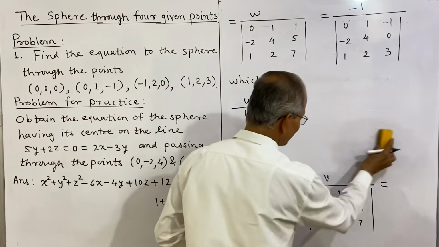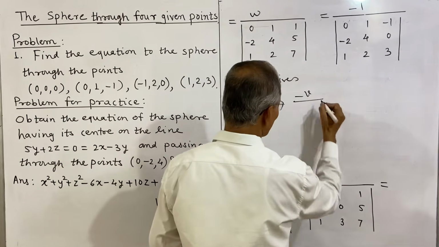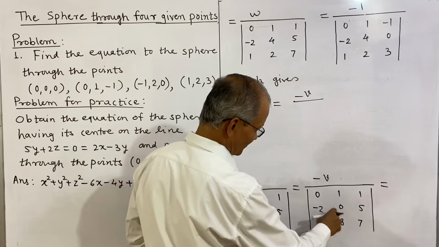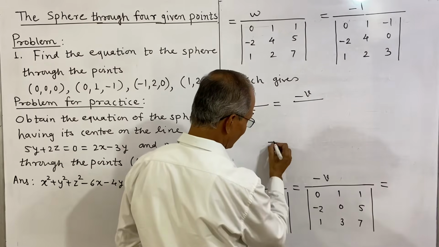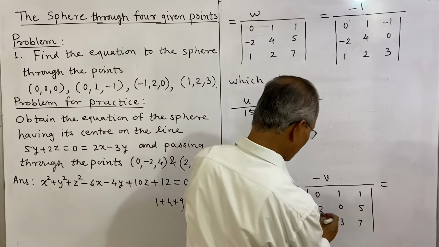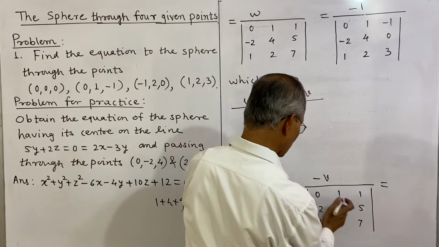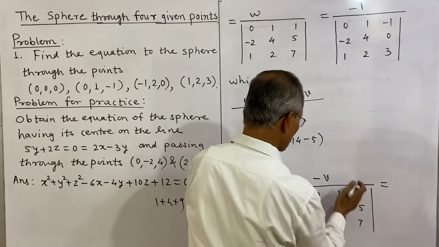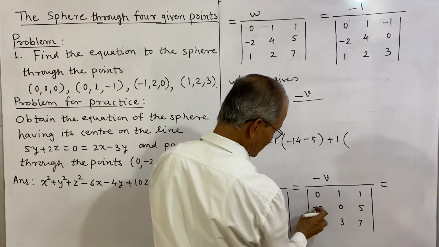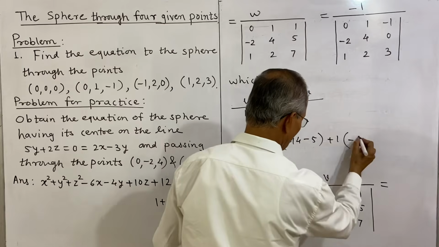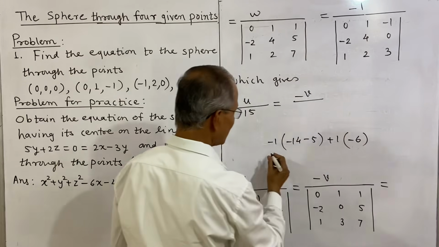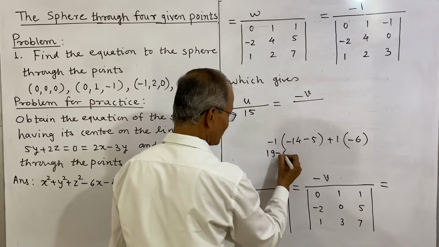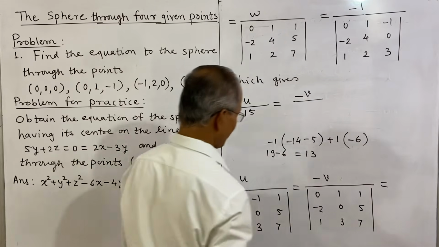And next is minus v divided by. What about this determinant's value? The first element is 0, so that is 0, 1, that will be minus 1, minus, and then this is minus 14 minus 5, and plus 1, it is minus 6 minus 0, or this will be minus 19 multiplied by minus 1 is 19, 19 minus 6, that is 13.